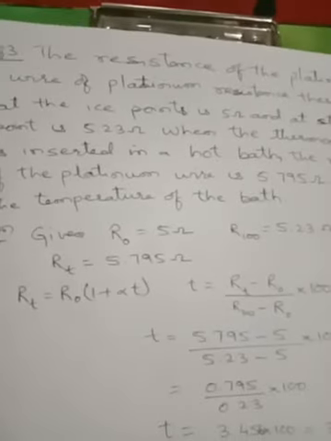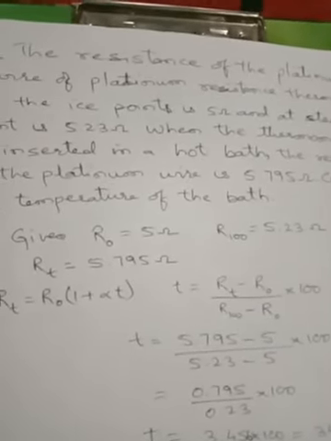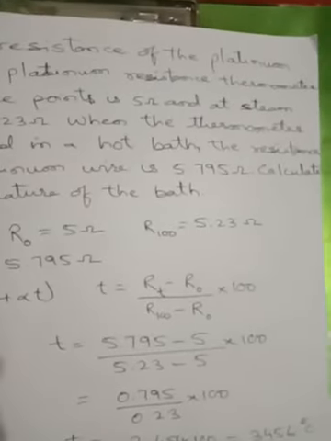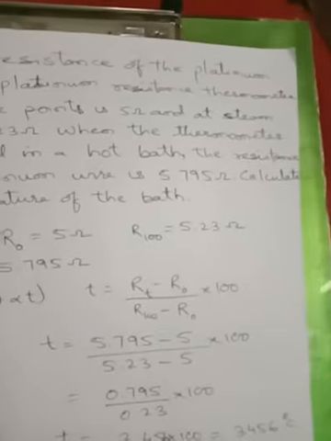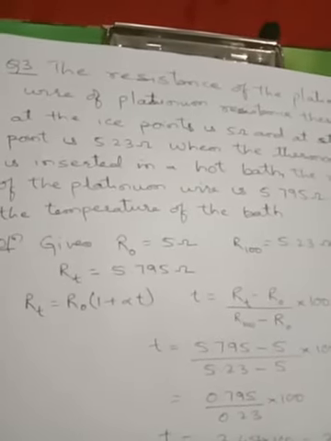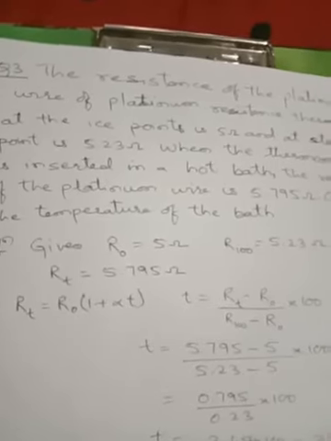So of the values which are given, R0 indicates resistance at 0 degree centigrade. R100 indicates resistance at 100 degree centigrade. And Rt indicates resistance at temperature T. We have to calculate the value of the temperature.